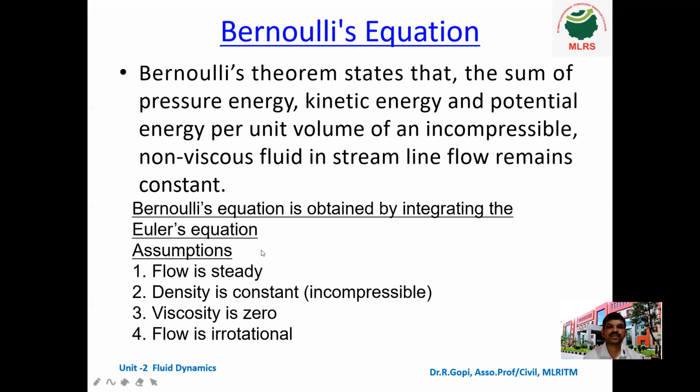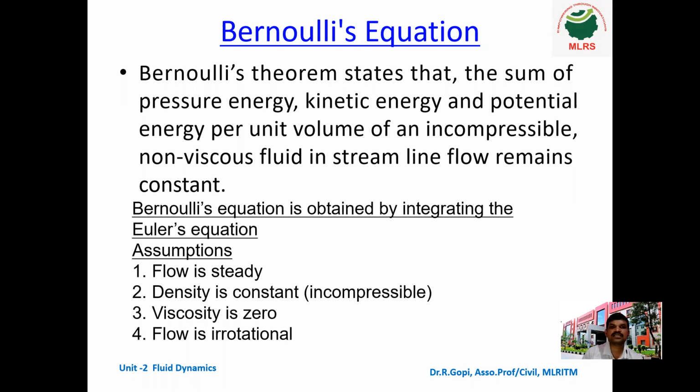Before deriving Bernoulli's equation, we also have to make some assumptions. The first assumption is that flow is steady, which we also did in Euler's equation. Next, density is constant. That means Bernoulli's equation is applicable only for incompressible fluid flow, not compressible fluid flow.